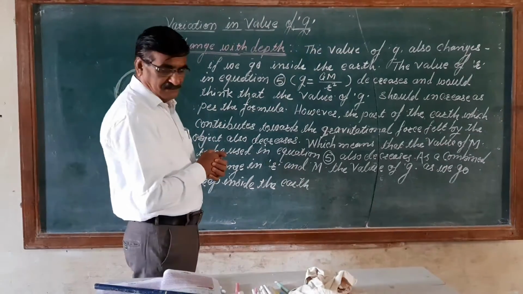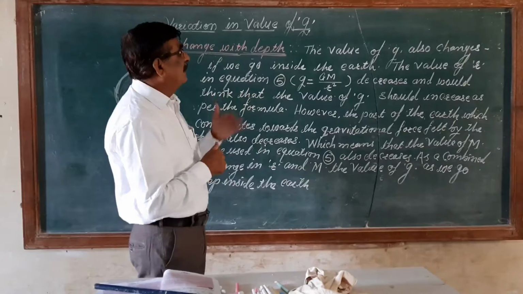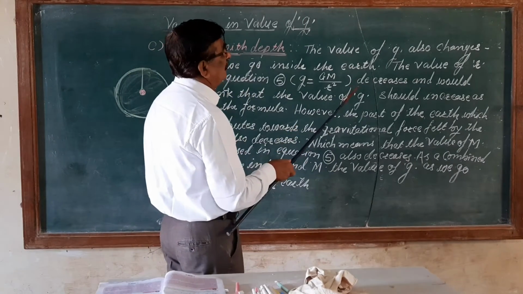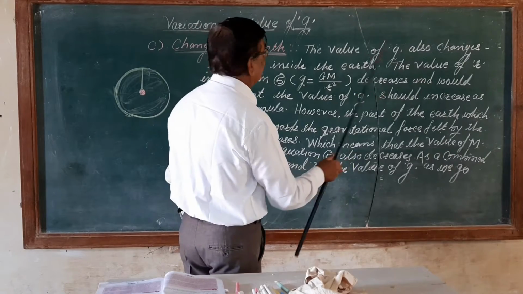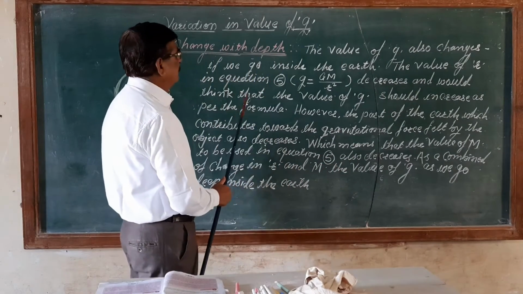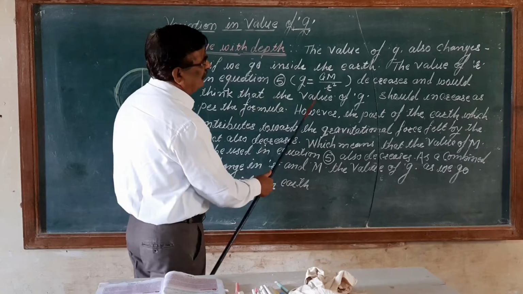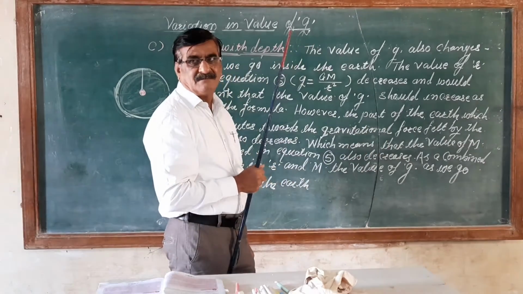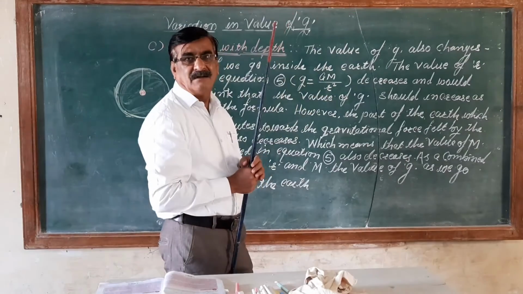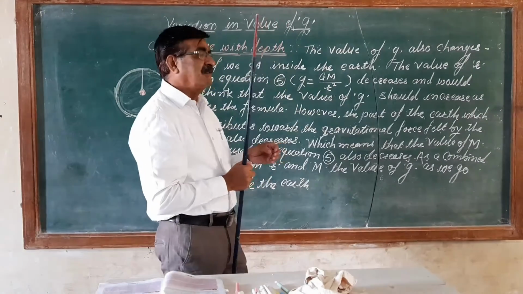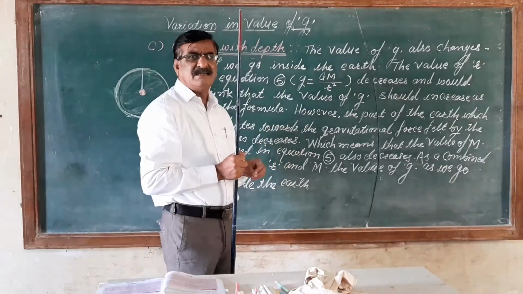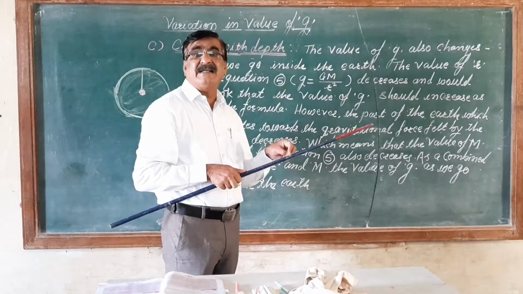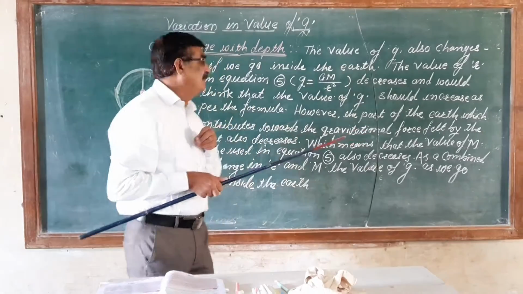But here, according to that formula, if the value of R decreases, you would think that the value of g should increase, because height becomes less and the object goes towards the center point of the earth.